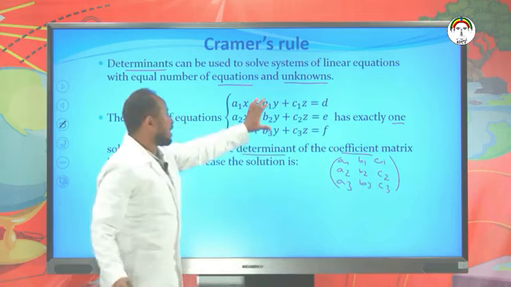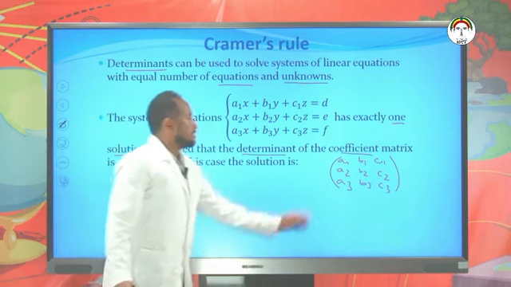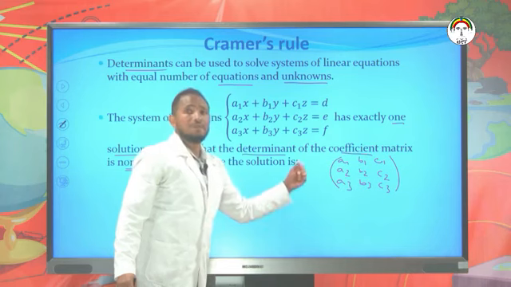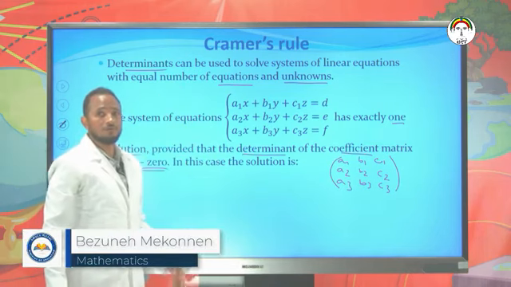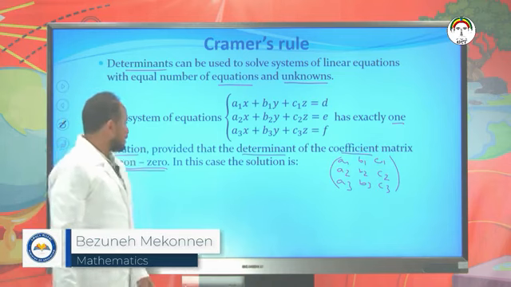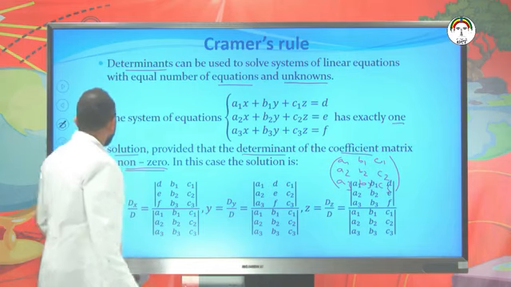This is the coefficient matrix for this system of linear equations. If the determinant of this coefficient matrix is non-zero, it implies that the system of equations has exactly one solution, and we can calculate the solution using this form.